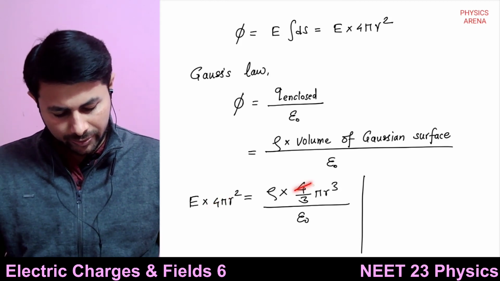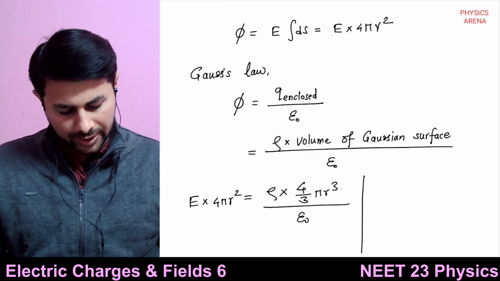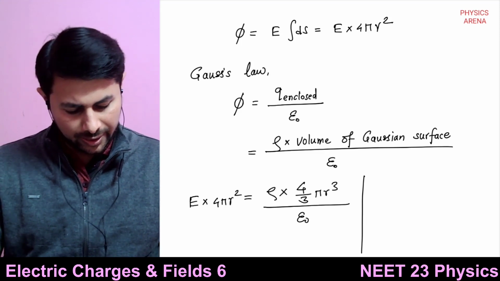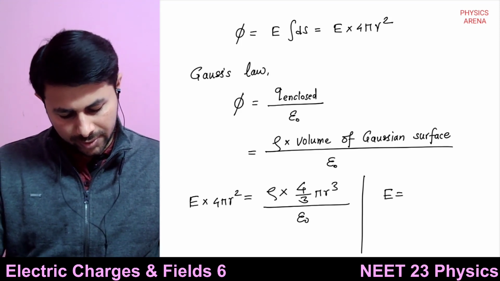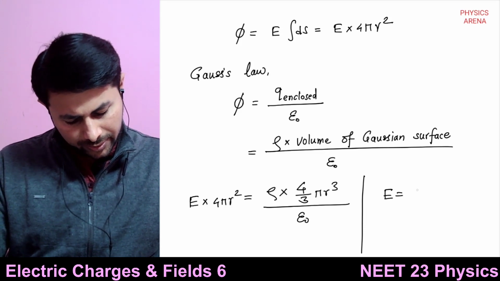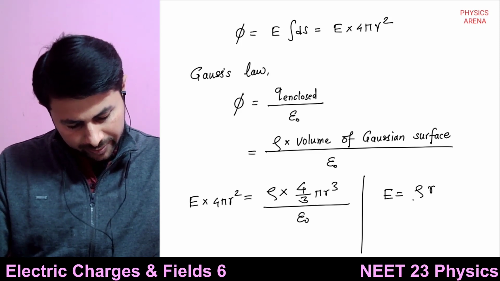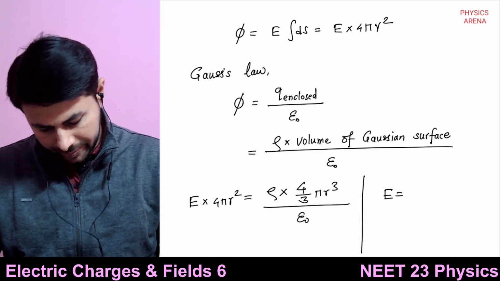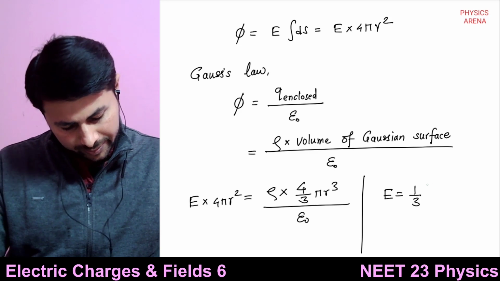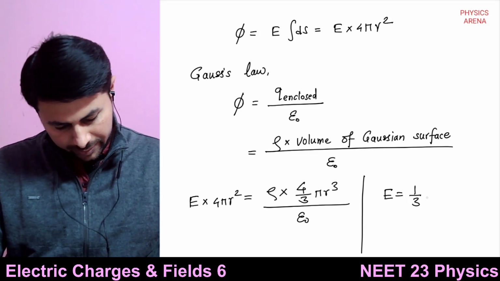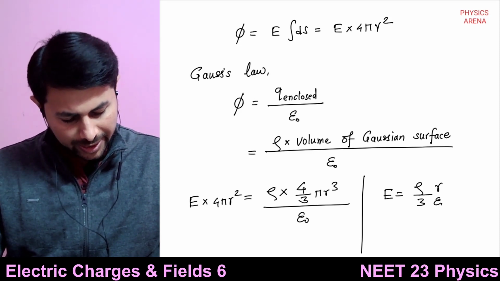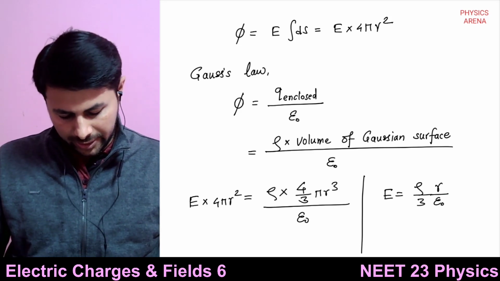Then some cancellations will happen. 4 pi and 4 pi will get cancelled out. You can divide this r cube by r square, one r will remain there. So you get E is equal to rho by 3, multiplied by small r, divided by epsilon naught, right?